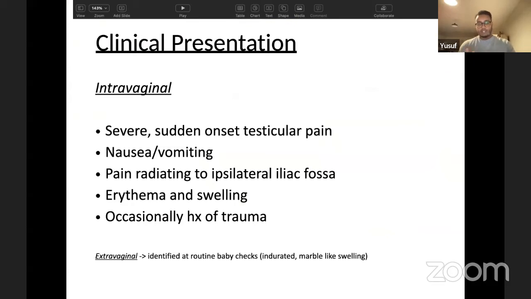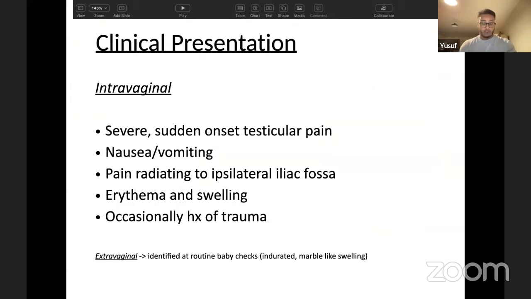You'll have little kids in primary school kicking each other in the balls, and you can't dismiss it as just a bit of pain from the trauma, because sometimes the trauma is the trigger for this to happen. So just bear that in mind in the back of your head. If there's a history of trauma, testicular torsion is a very important differential to have.